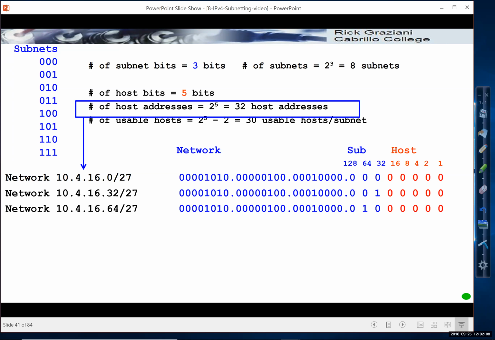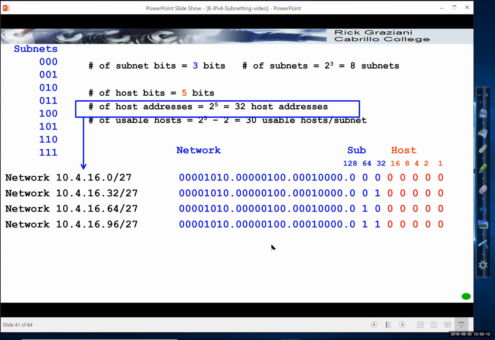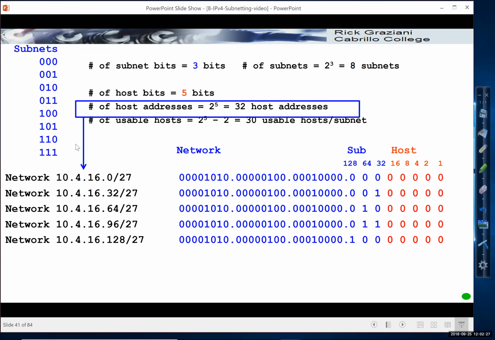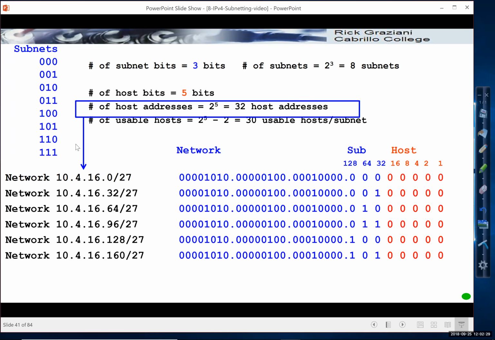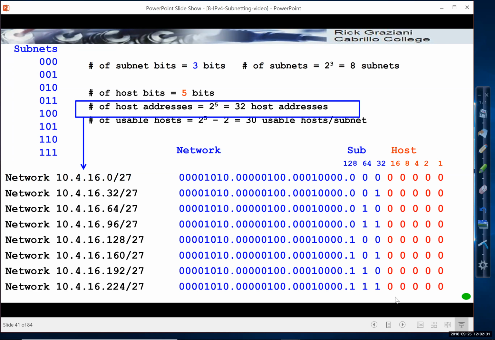What do you think? 32 total host addresses per subnet. Let's increment it by 32. We get to 96. And we could see that these subnet bits are following what we have here from 000, 001, 010, 011, etc. Let's go through the rest, just incrementing by 32 until we get to all ones.